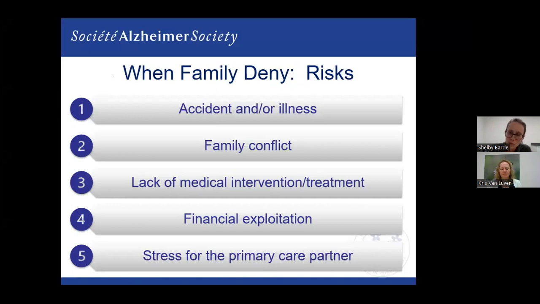So it's also important to acknowledge that family denial can carry with it some substantial risks that are listed here. So, if we aren't open to accepting that these changes are happening, there could be some risks involved with that. So the first one here is an accident and/or illness. So without appropriate intervention and support, there is a risk that the person with dementia will have an accident.